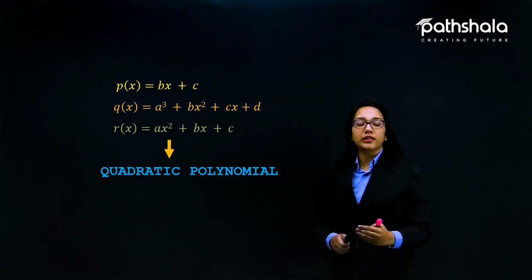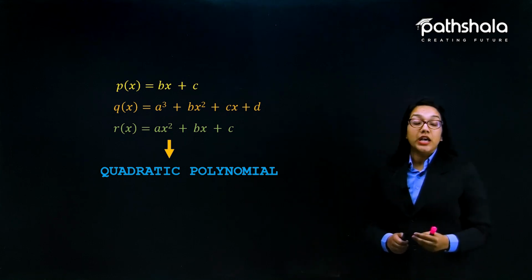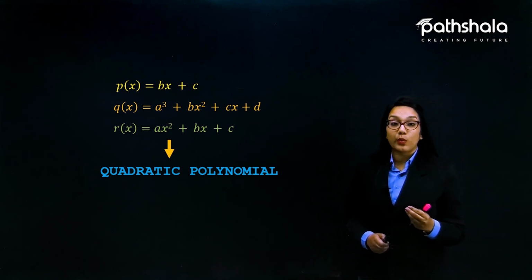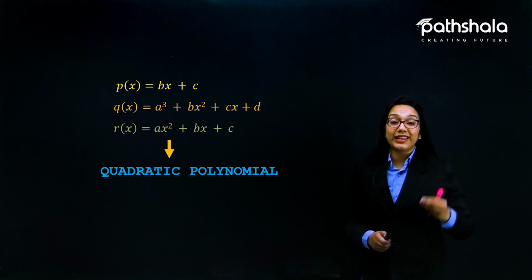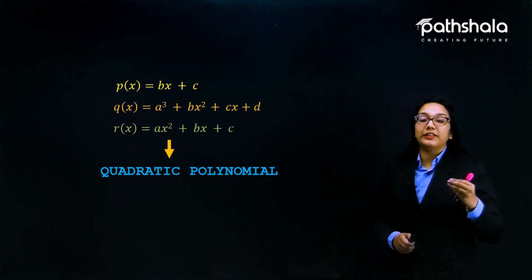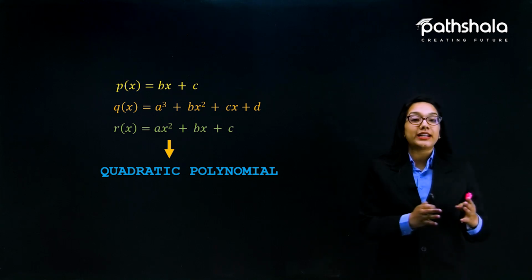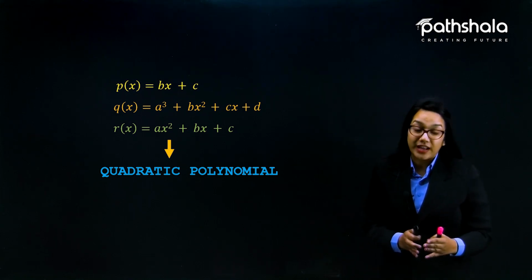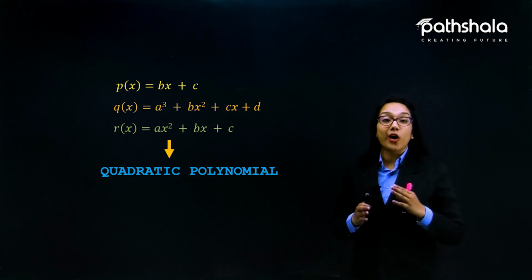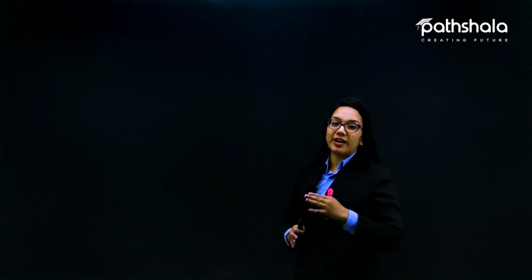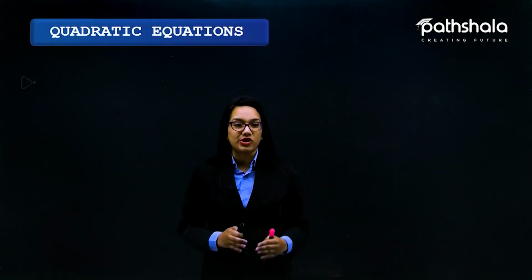So what are quadratic equations? If we are talking about equations, we know that in an equation we have three things: LHS, RHS and a sign of equality within. So let's talk about what a quadratic equation is.